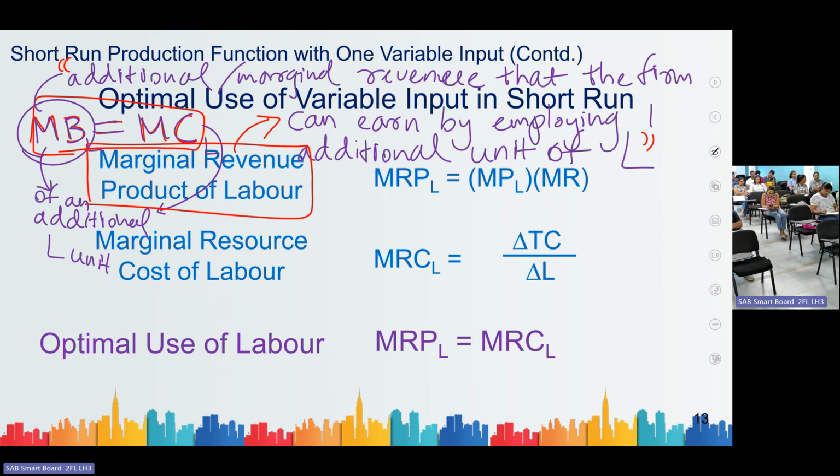That is nothing else but change in total revenue divided by change in labor. The same thing: additional or marginal revenue that the firm can earn by employing one additional unit, we measure using change in total revenue divided by change in labor input.